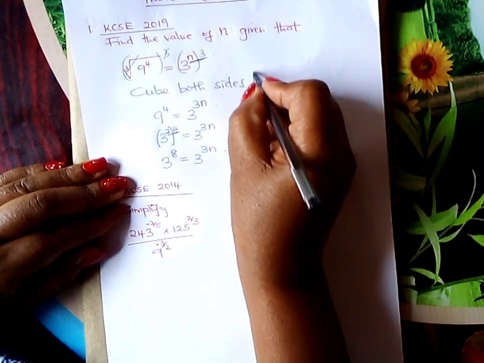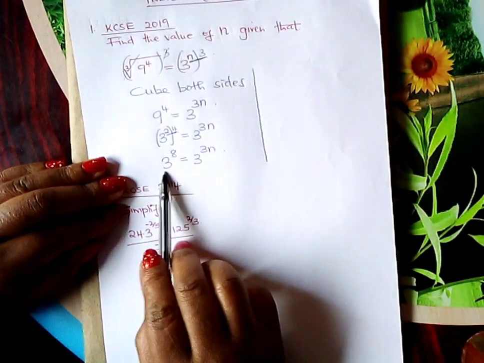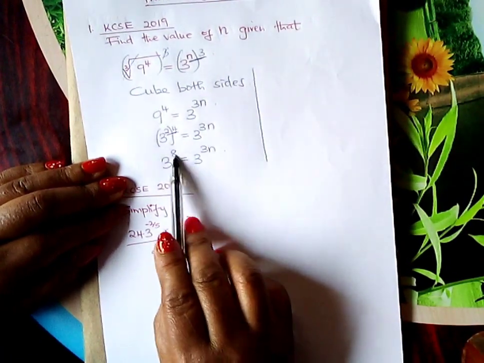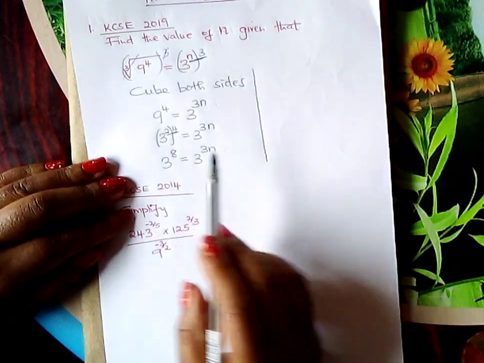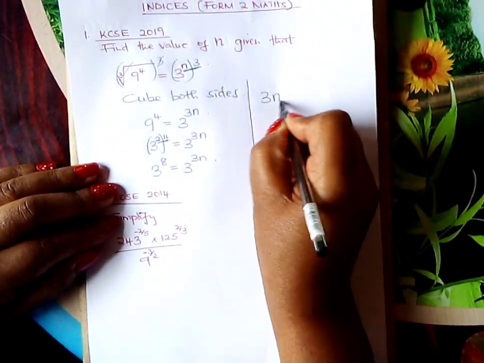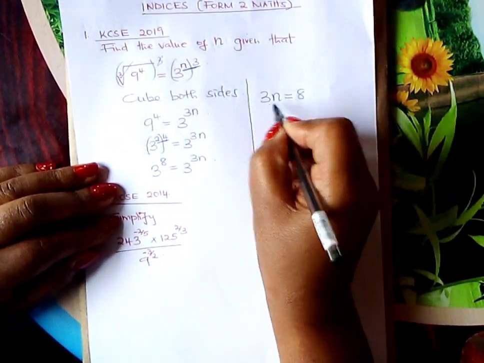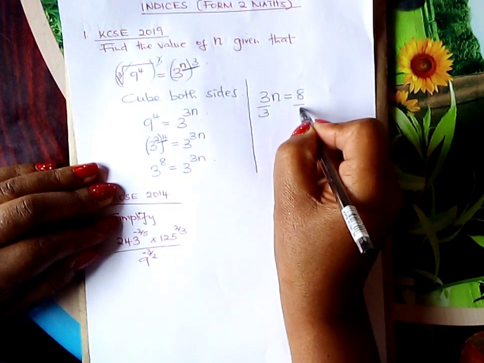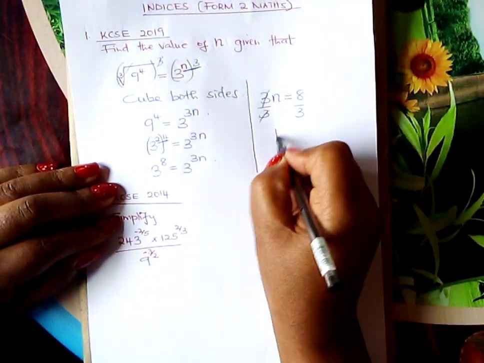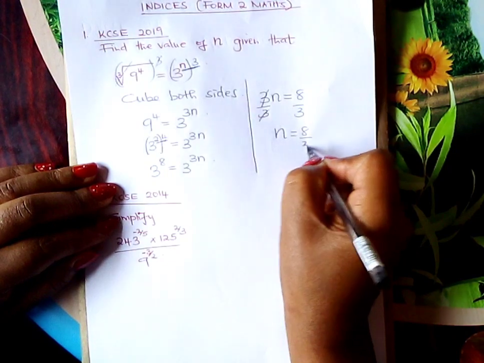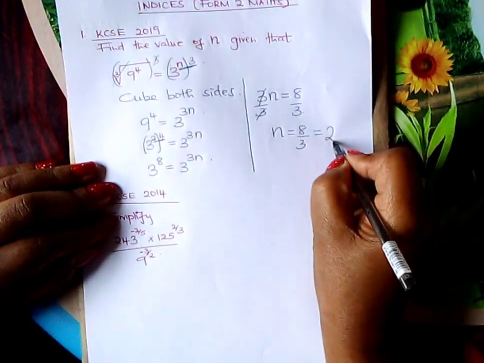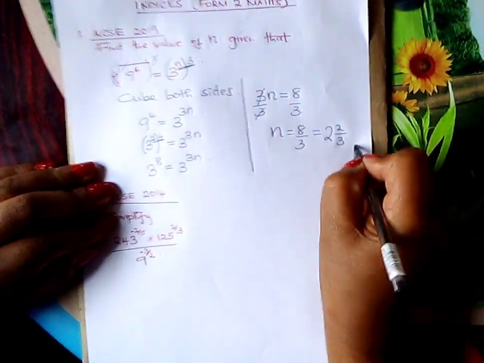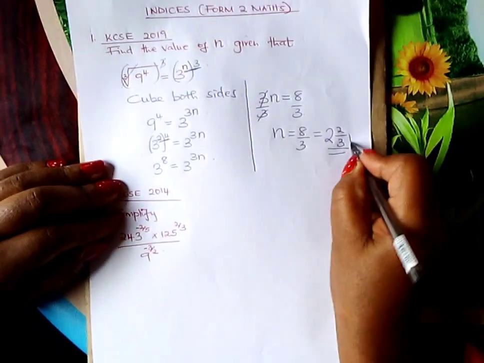Since we have common bases, you just equate the powers. 3n is equal to 8, and therefore divide by 3, and so n is equal to 8 over 3, which is equal to 2 whole 2 over 3.